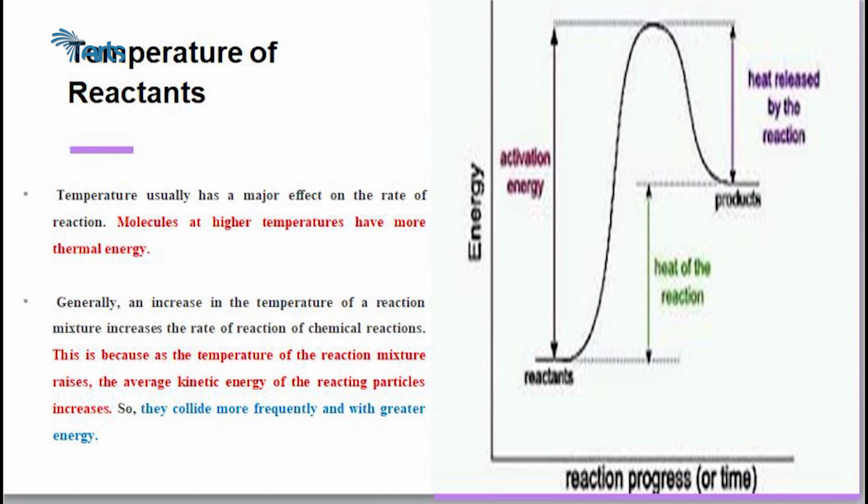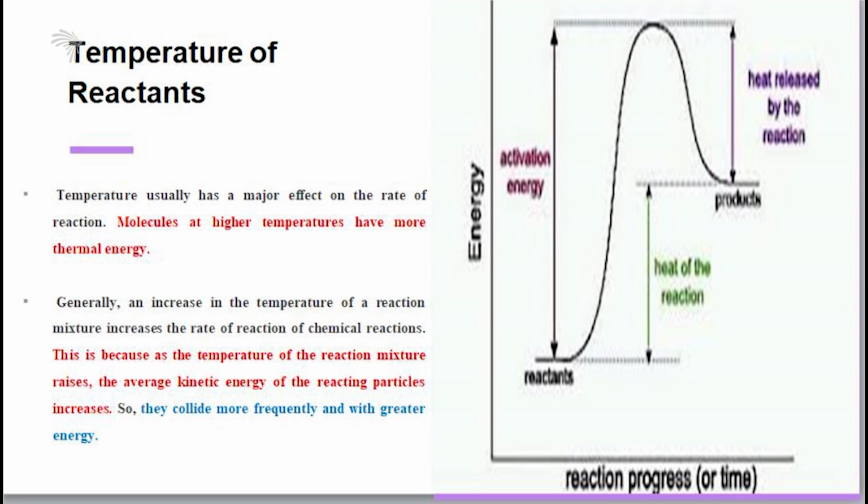Well, the fourth one is temperature. How does temperature affect the rate of a particular chemical reaction? Well, a rise in temperature increases the rate of any reaction, and a decrease in temperature generally decreases the rate of a particular chemical reaction.